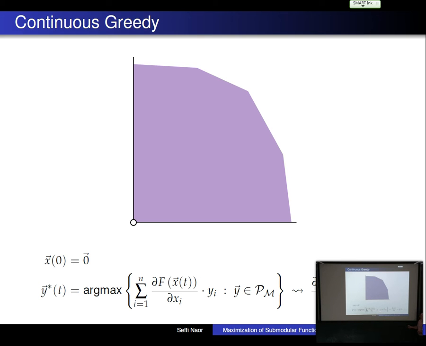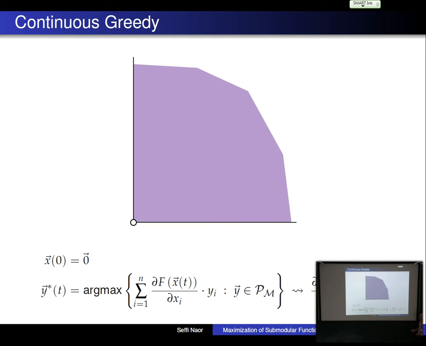This is an optimization problem, and when our polytope is a matroid polytope, it is very easy to do. We know that the greedy algorithm works.